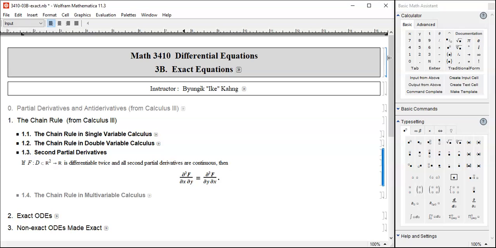Take the partial derivative by x first and then by y later, or vice versa, by y first and then by x later. Will that make any difference? Actually, no. It's called Clairaut's theorem, and if all the second partial derivatives exist and if all of them are continuous, then the order does not matter. You can do either way.